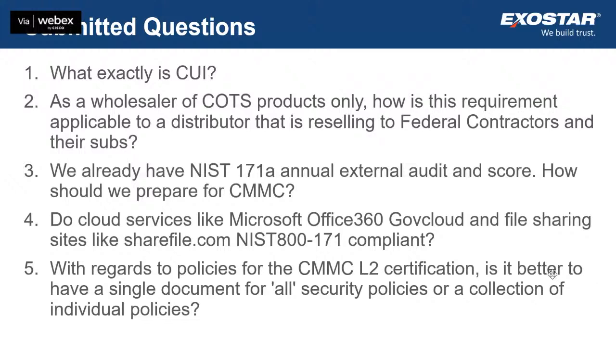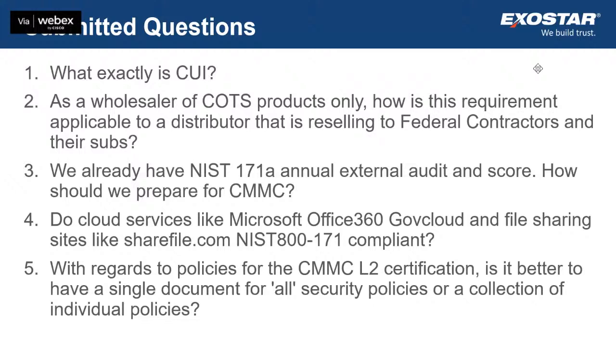Number 5. So with regards to policies for the CMMC Level 2 certification, is it better to have a single document for all security policies or a collection of individual policies? So typically, and David, correct me if I'm wrong here, typically you write the policy at the family level. And within that family, you address each of those different controls within the policy.